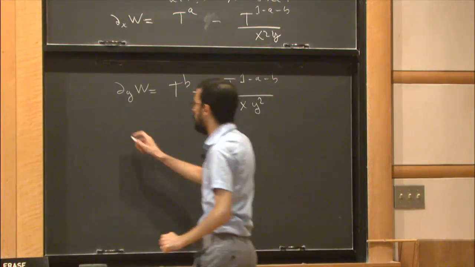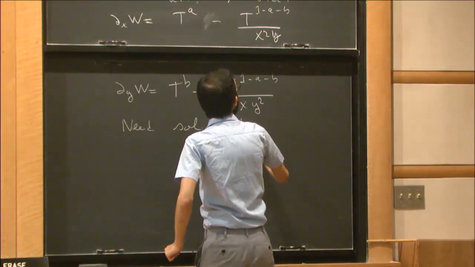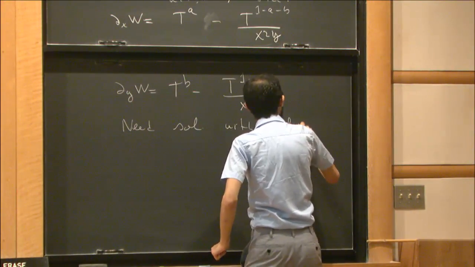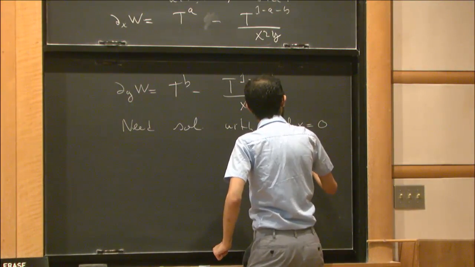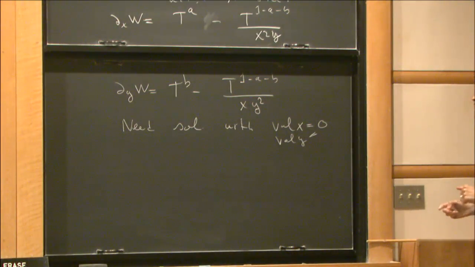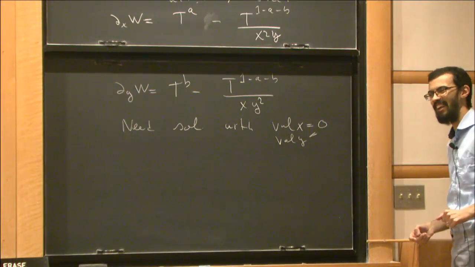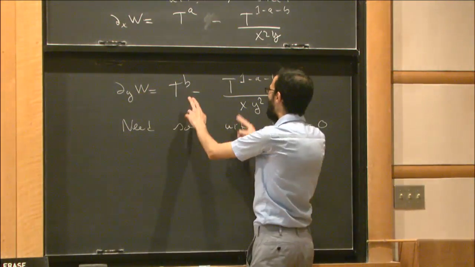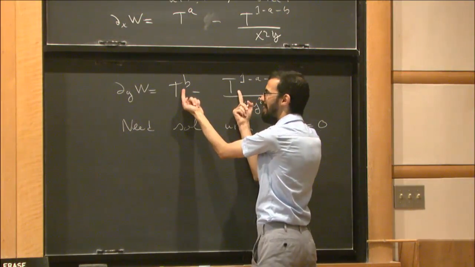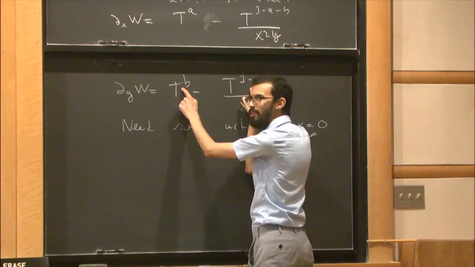OK, so we need a solution with, I'll repeat it again, valuation of x equals 0, valuation of y equals 0. And I'm told if you read rigid analytic papers where they do computations every once in a while, they say arguing with valuations, which means noticing that in order for this to vanish, the valuation of this needs to be equal to the valuation of this.